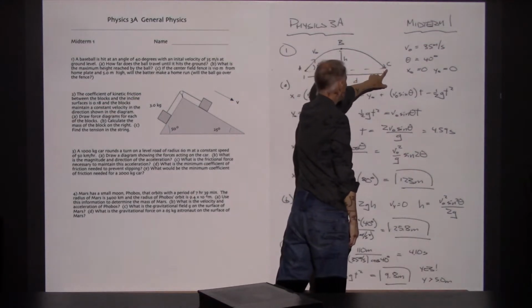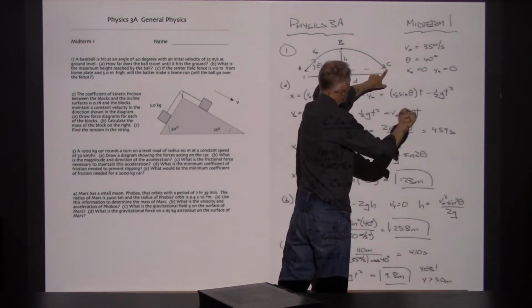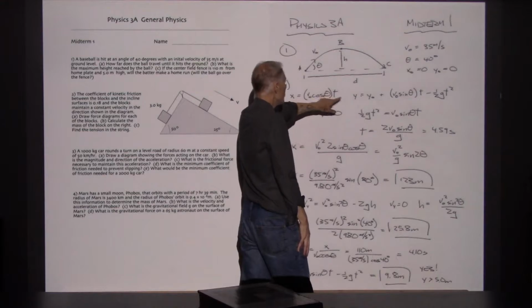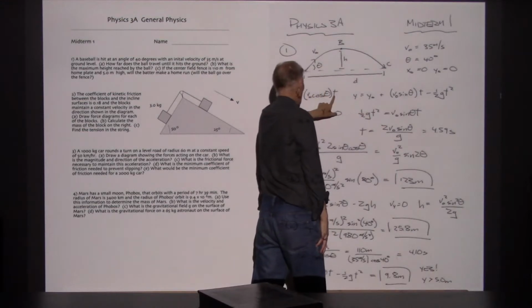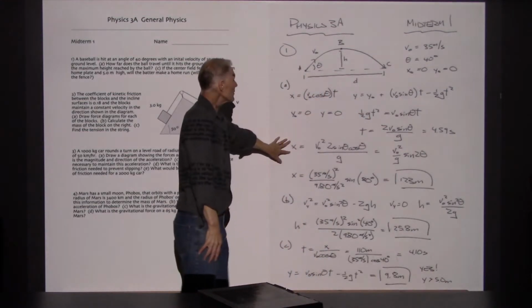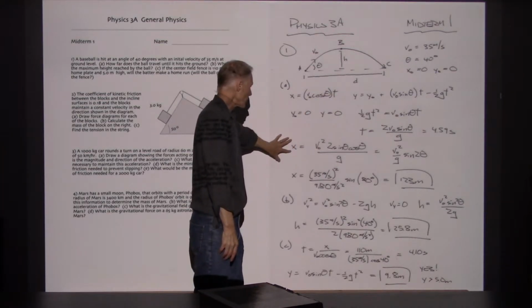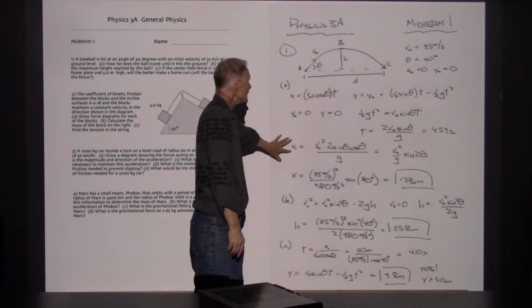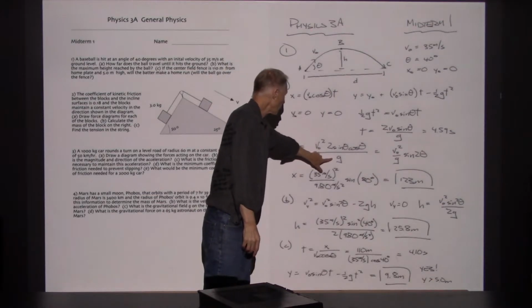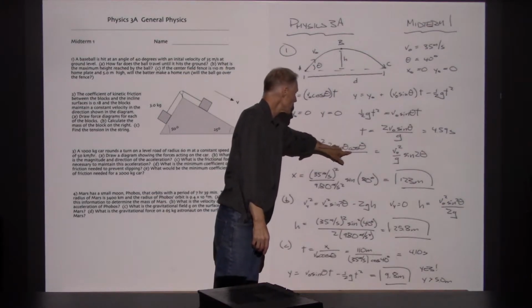So when I'm at point C, when the baseball lands back down on the ground, this much time has passed. I plug that in, and what I'm finding is at point C, the distance I have traveled, this is now little d, is v naught squared over g times 2 sine theta cosine theta.